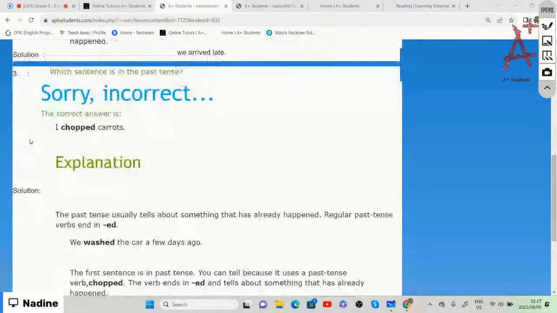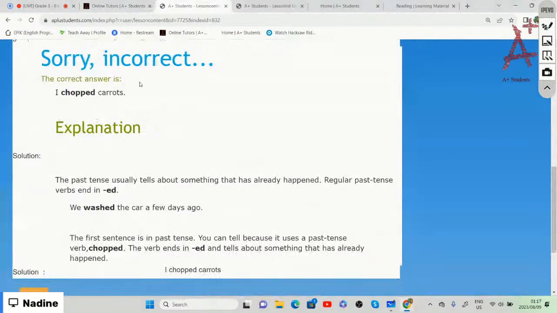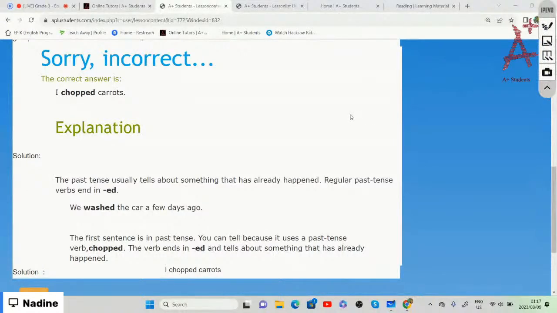And the past tense usually tells something that has happened already. So I chopped carrots. So chop, chopped, right?